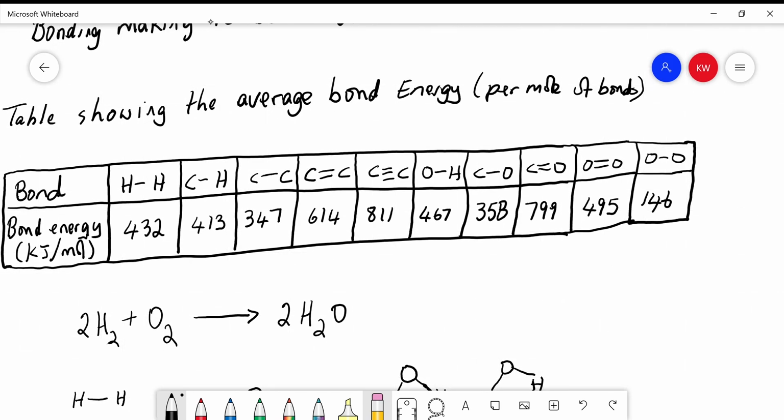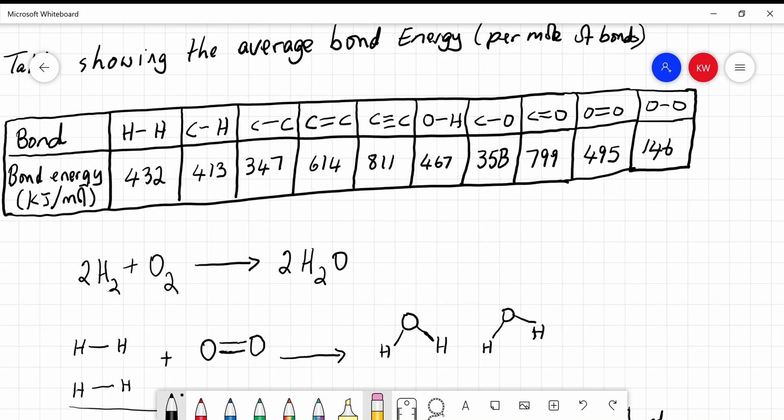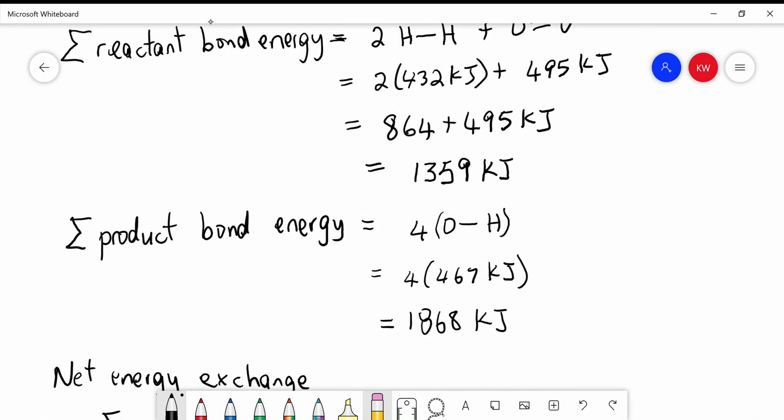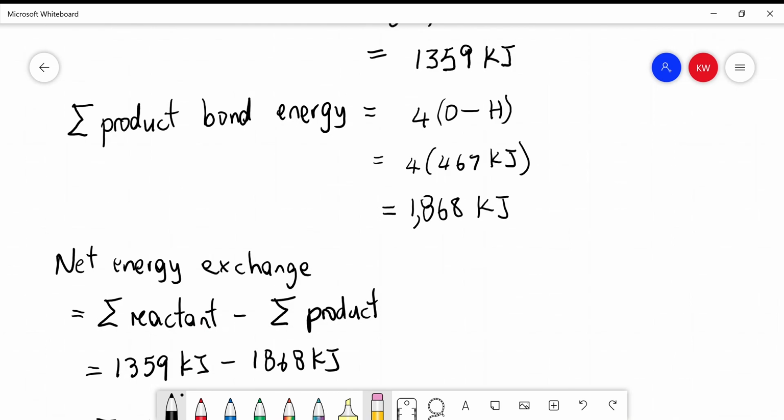We realize it's 467. So it's going to be 4 times 467. We plug these numbers into our calculators, and we get a total of 1,868 kilojoules.